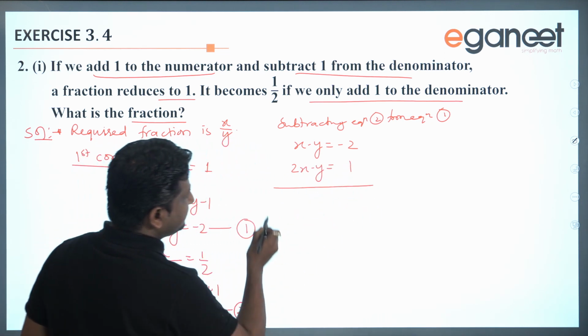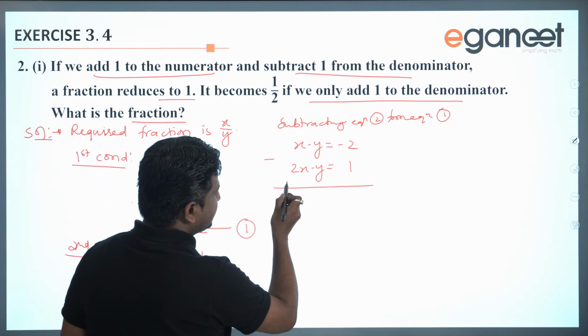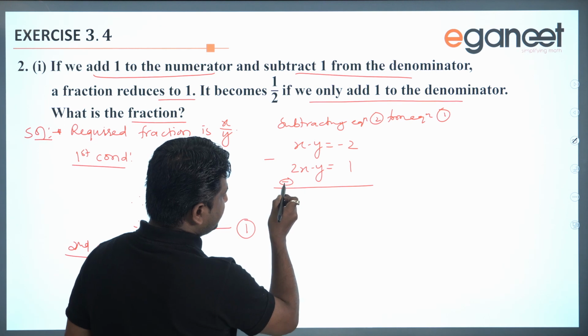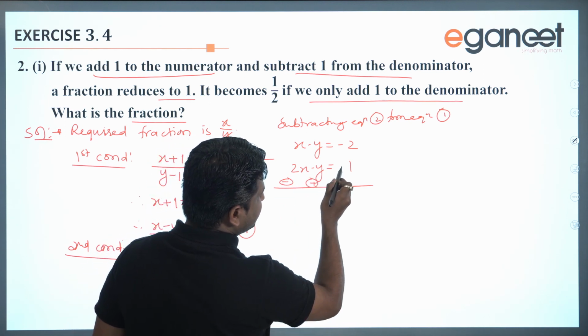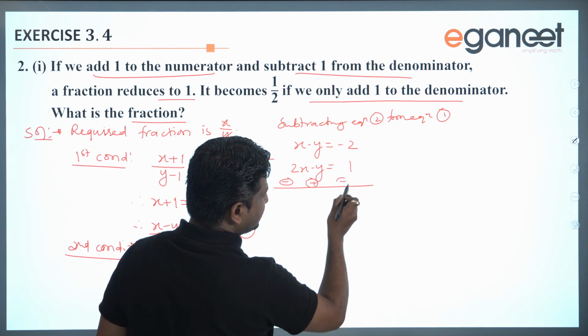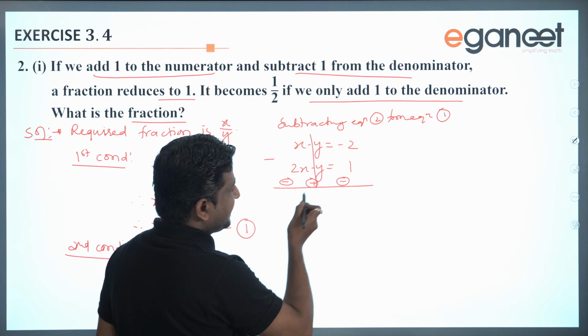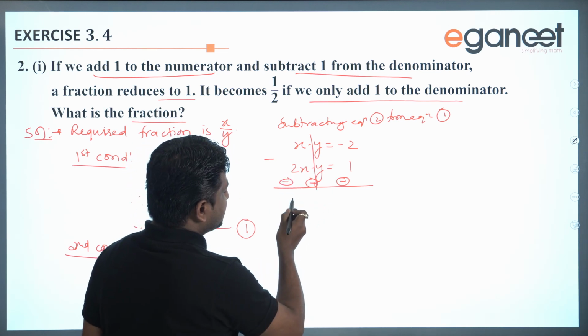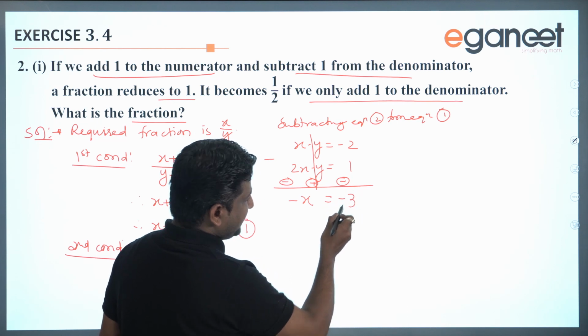Let's do the subtraction. As you know, when we do the subtraction, there will be changes in the sign. This is a positive term, this becomes negative. This one is a negative term, this becomes positive. And this one is positive, so this becomes minus. Let's observe carefully. Minus y plus y gets cancelled. x minus 2x becomes minus x. Minus 2 minus 1 becomes minus 3.